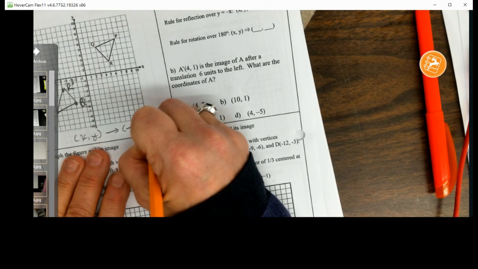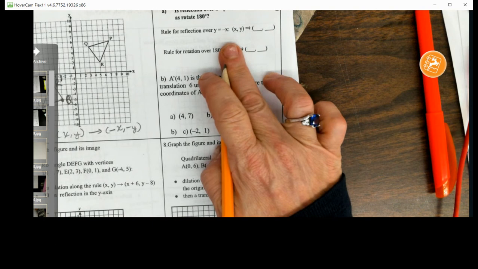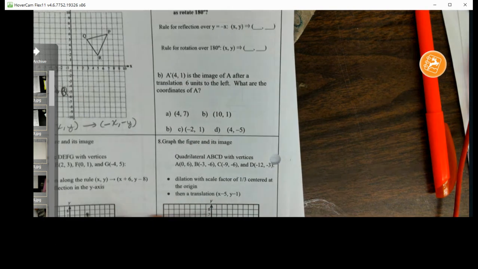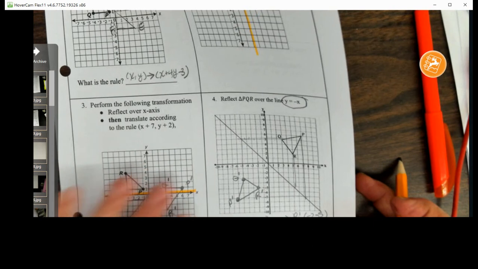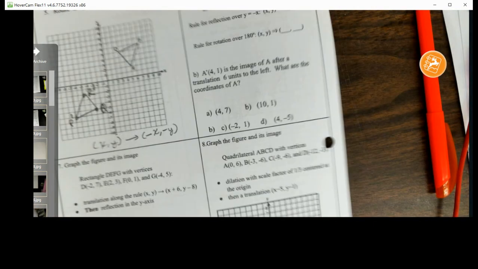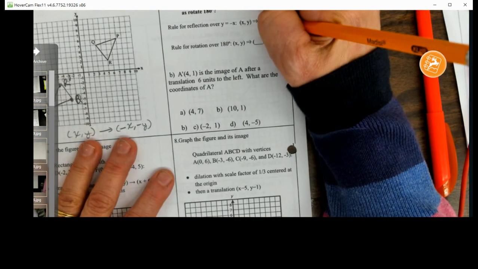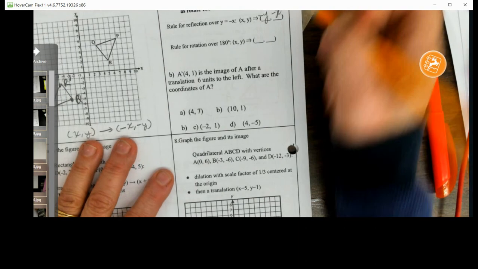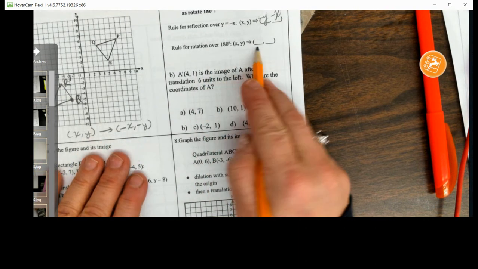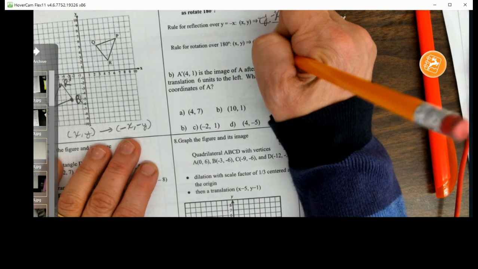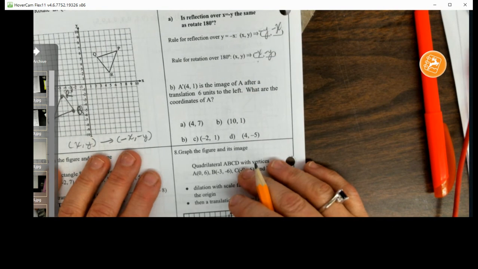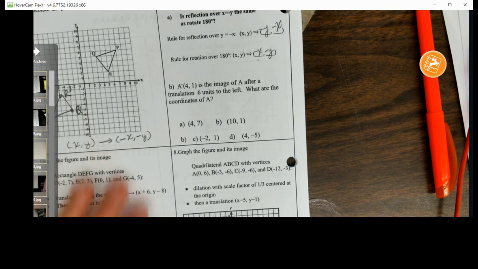Reflection over y = x gives (y, x), while here we have a reflection over y = -x, which gives (-y, -x). Rotation by 180 is (-x, -y). Not quite the same, but they both have opposite signs.